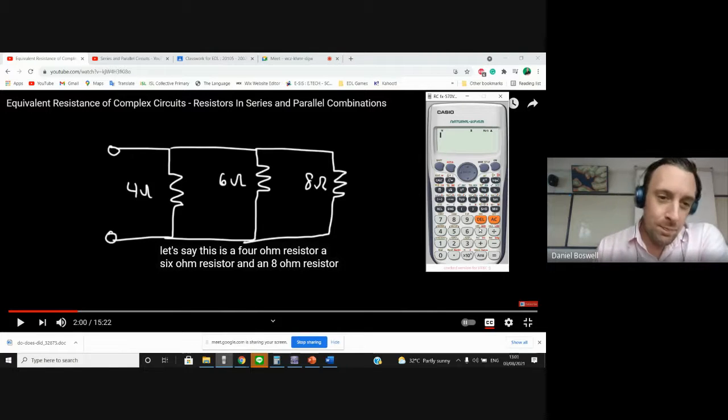Right, okay. So let's say we have R1 on the left, in the middle R2, on the right R3.